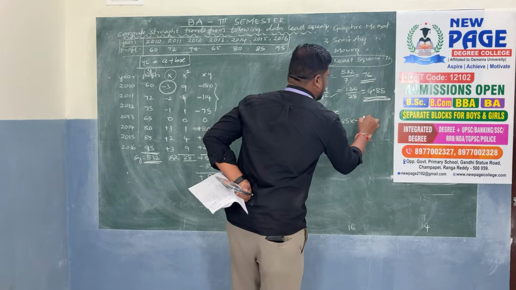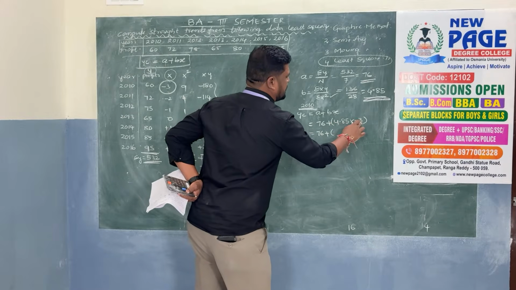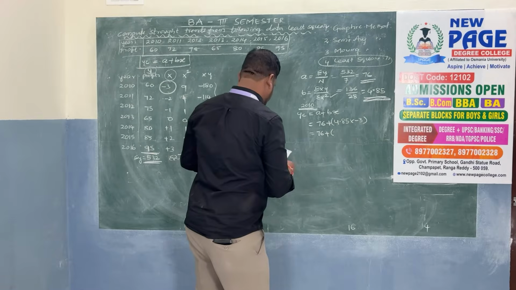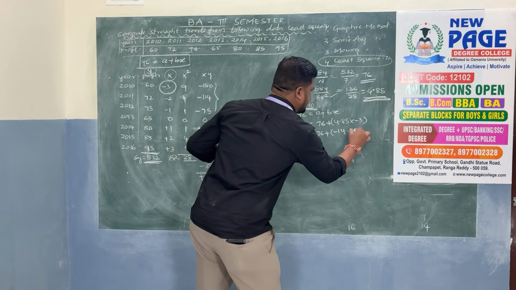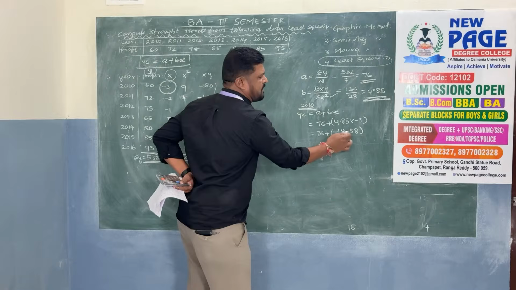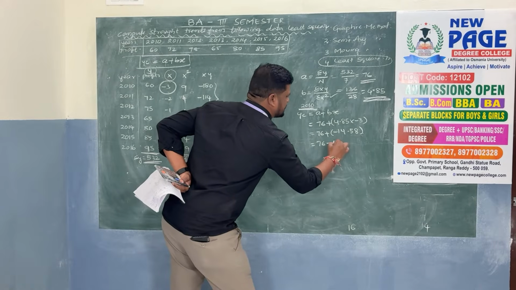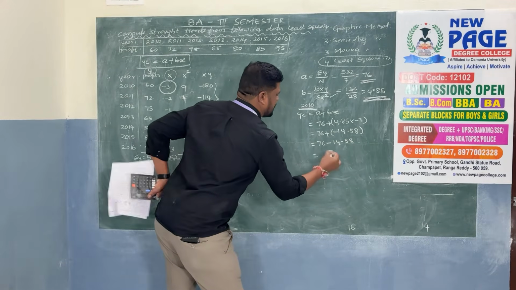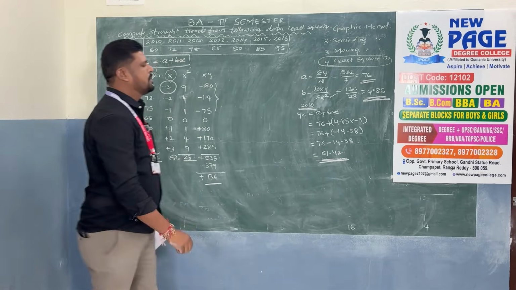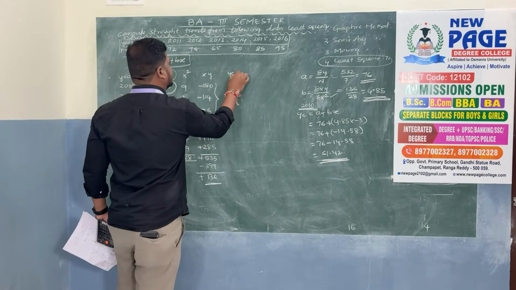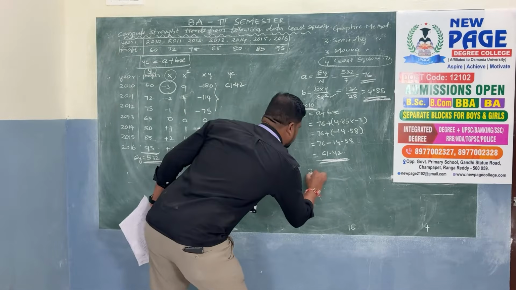So 76 plus 4.85 into minus 3, which is minus 14.55. 76 minus 14.55 gives 61.42. So 2010 Yc is 61.42.